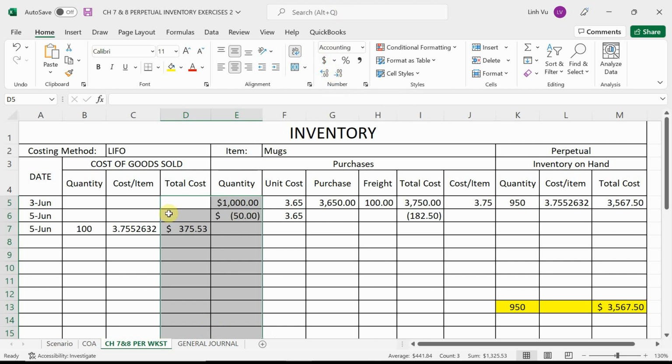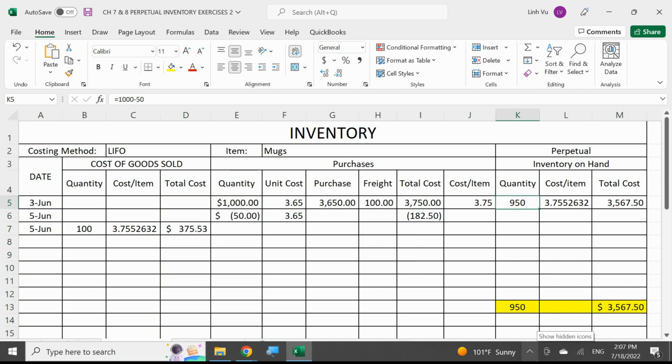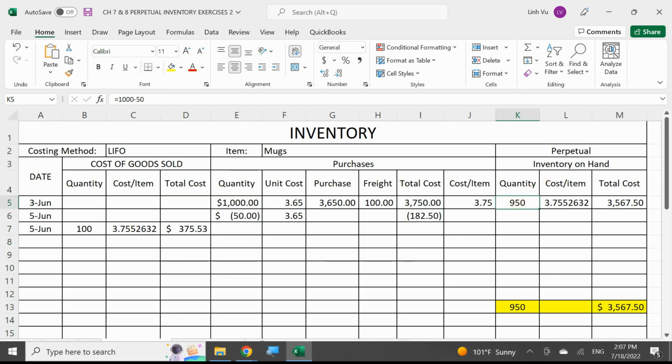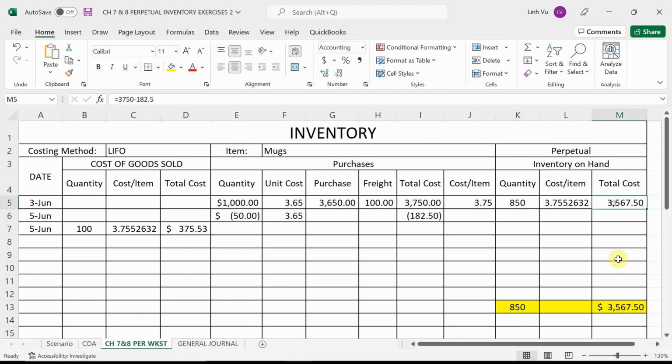This is where I'm going to update my inventory, because I no longer have 950. I just sold 100 of them, so I should be at 850. And because I had to adjust my total cost, I also need to adjust my total cost here so my cost per item doesn't get affected after that.